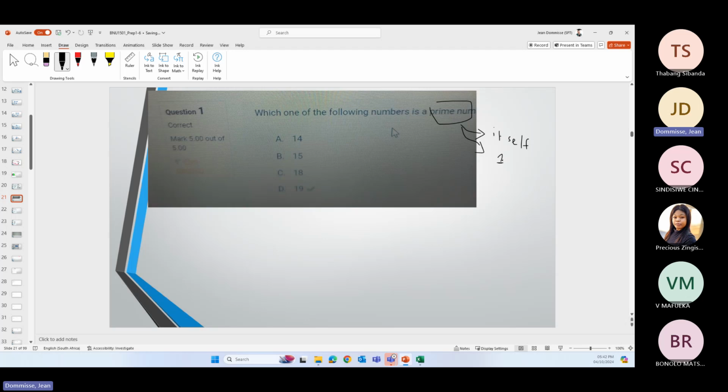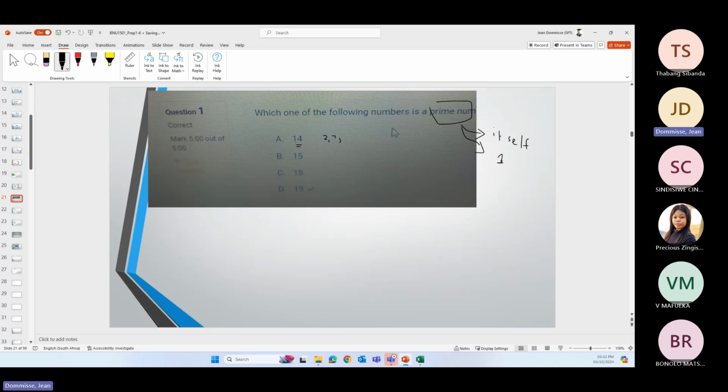Okay, so let's look at, and I know it's a bit smudgy and not that good to see, the first number is 14. If you look at 14, we know that 2 can go in there. Well, 2 goes in there 7 times.